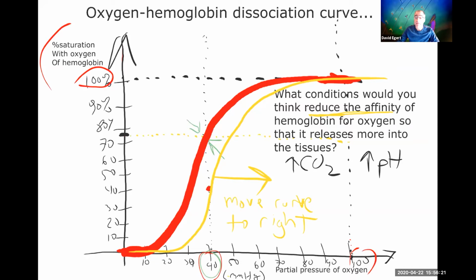What other things do you think? How's the condition in the tissue going to change if there's a lot of metabolic activity? More CO2, definitely. Think about yourself. If you're just being really active, what does it feel like to be you? You need more energy.